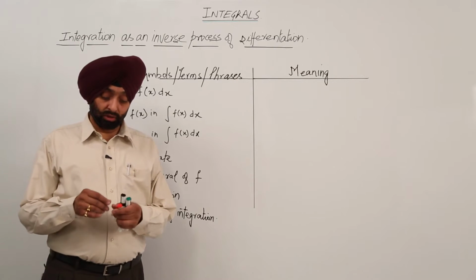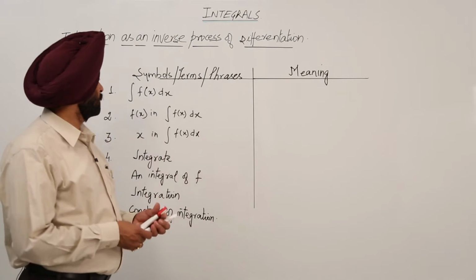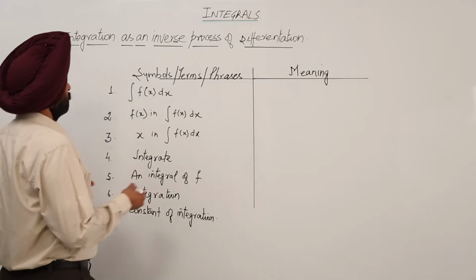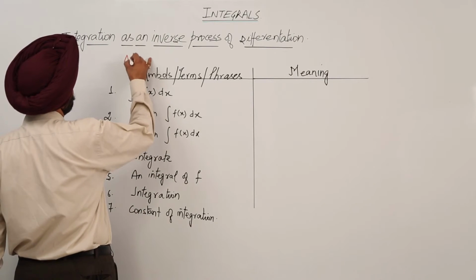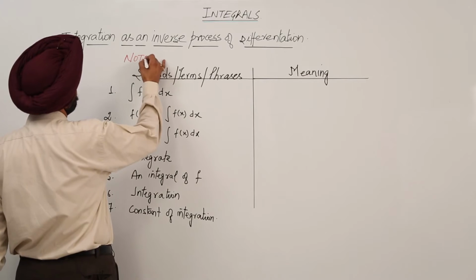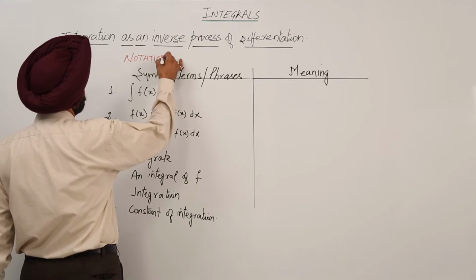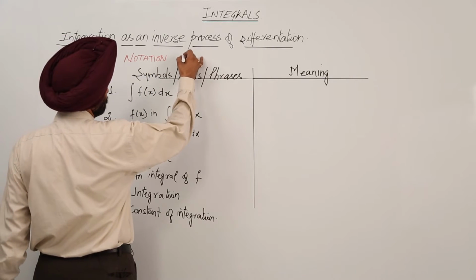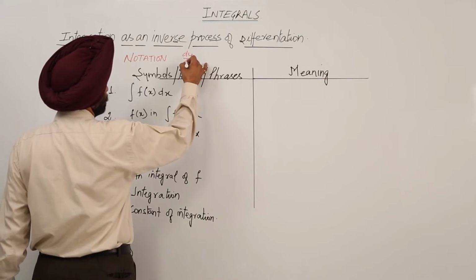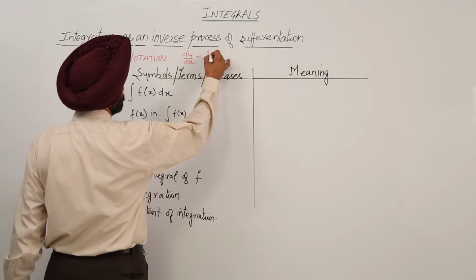Now we have gone through the symbol for integration. Now we are having the notation: we are writing dy by dx is equal to f(x).